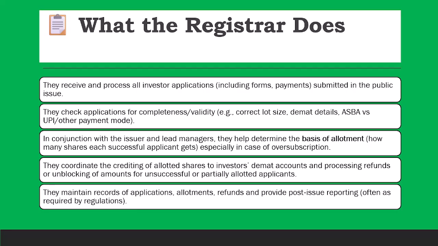In conjunction with the issuer and lead managers, they help determine the basis of allotment, how many shares each successful applicant gets, especially in case of oversubscription. They coordinate the crediting of allotted shares to investors' demat accounts and processing refunds or unblocking the amounts for unsuccessful or partially allotted applicants. They maintain records of applications, allotments, refunds, and provide post-issue reporting, often as required by regulations.